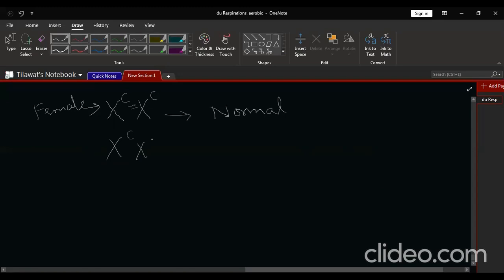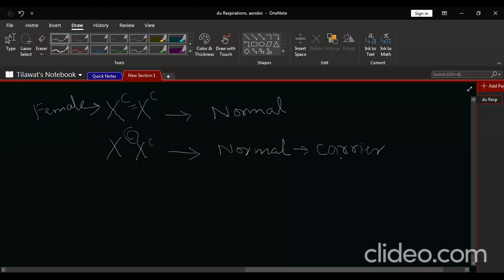In this female, one allele is dominant and the other is recessive. The condition is heterozygous, so this female is normal, but she's a carrier.